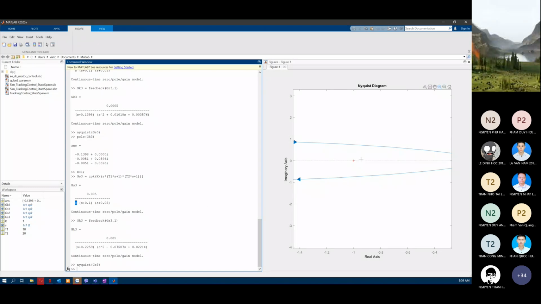Okay, and this method is quite common with old-fashioned engineers, that means engineers from about 20 or more years ago. They usually used this criterion to analyze the stability of the system.